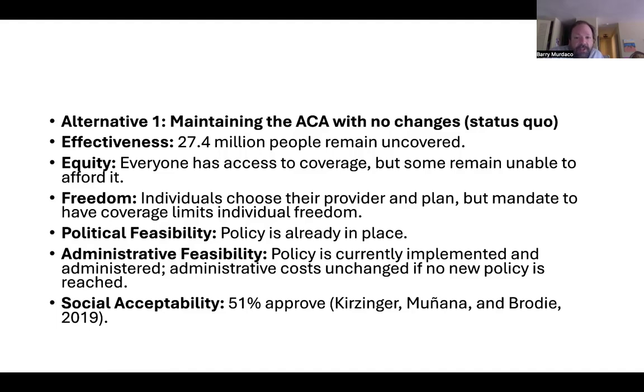Administrative feasibility, policy is currently implemented and administered. Administrative costs unchanged. Obviously, if new policy is reached, that plays in favor of the status quo. Obviously, you don't have to consider how feasible it is when it's already the existing policy, of course. Social acceptability, just a bare majority approve. And if you look at more recent polls, I think it's roughly about the same.